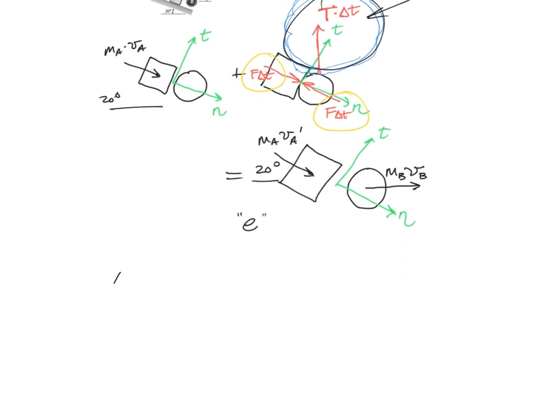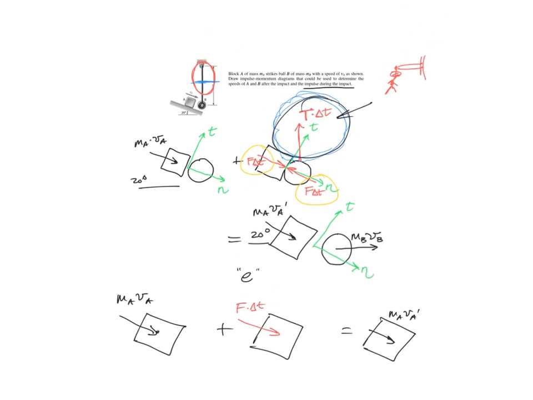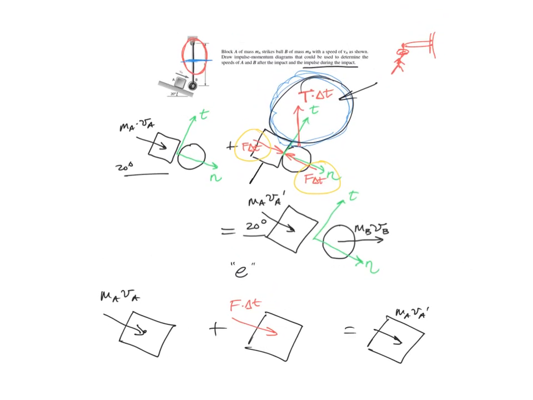is I'm just going to look now at block A on its own. At this point we would again have all these mA vA prime, and I would end up with my impulsive force F delta t, and up here I've got mA vA. Just to finish that up, we also have a normal force and a weight sitting on there times delta t.